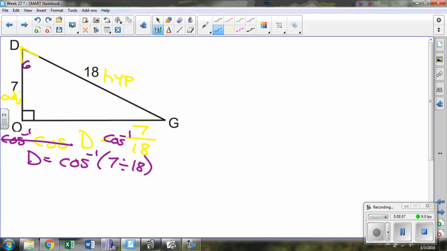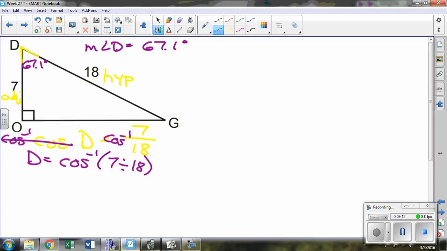Okay, we got that part now. The measure of angle D is 67.1 degrees, rounding to the nearest tenth. Well, we could use this now if we'd like.